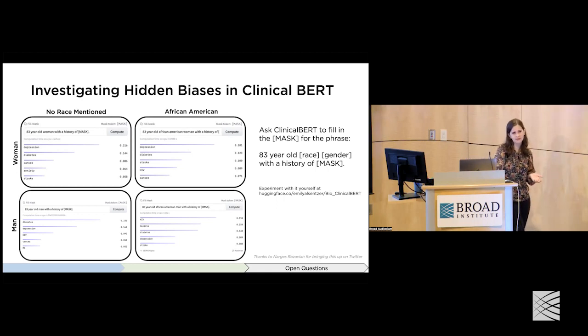But the issue comes when the training data is underrepresenting a given population, or when the data itself is known to be biased. So for instance, if you're training a model on data where women are underdiagnosed with heart attacks, then you're likely to perpetuate that into the model that you train. And you can experiment with this yourself if you go to the Hugging Face Model Hub.